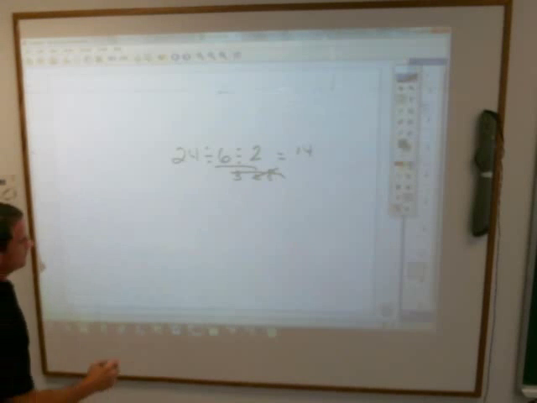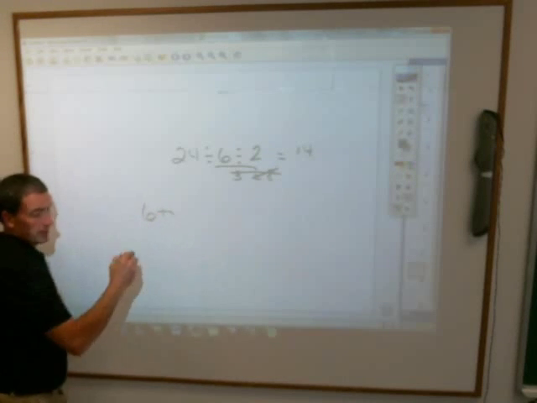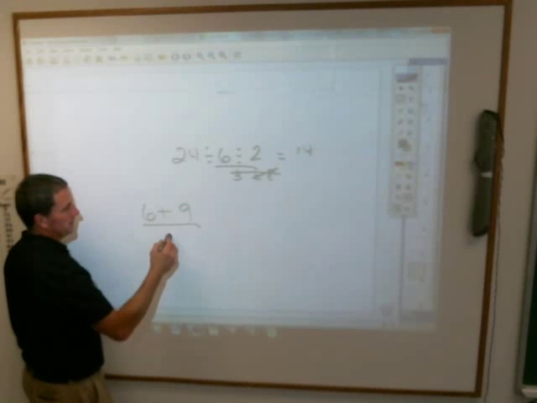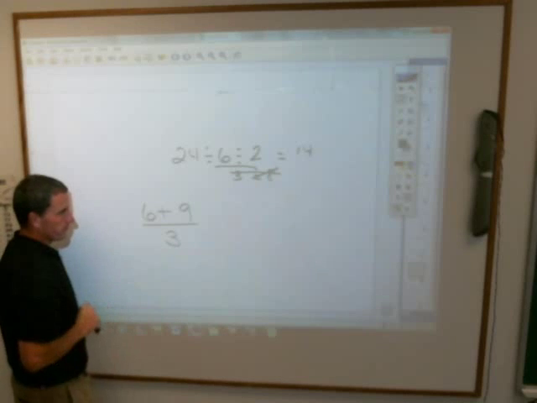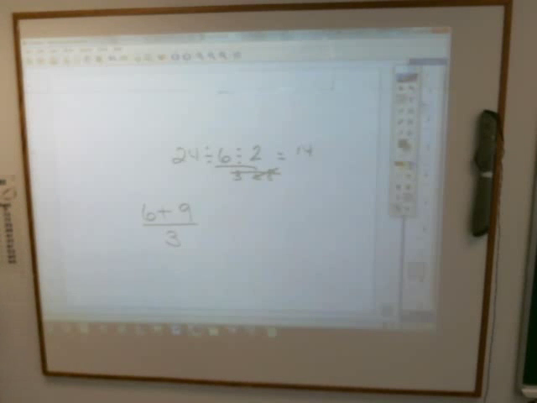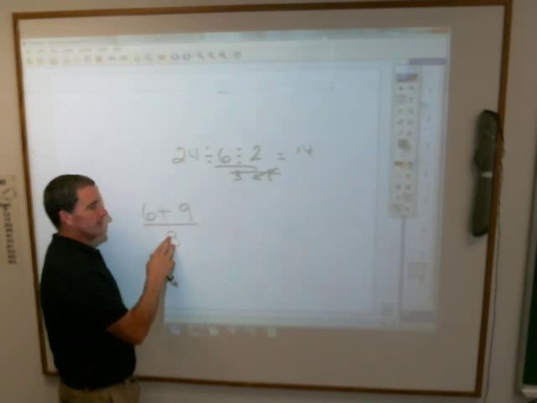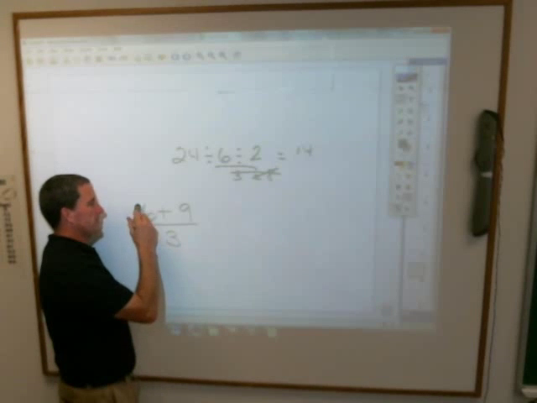One more is this. 6 plus 9 over 3. This is an interesting one. If you are given a problem that looks like that, just know you can't divide 3 into 6 or 9 divided by 3. You have to think about this as one thing that needs to be done first.